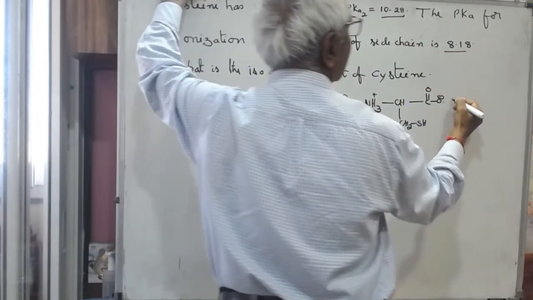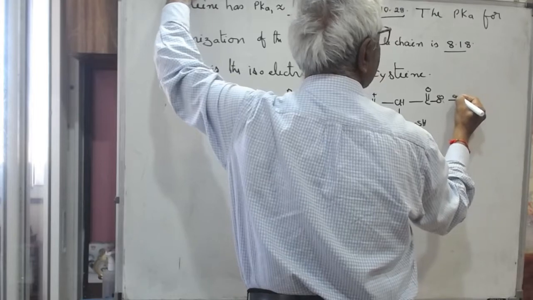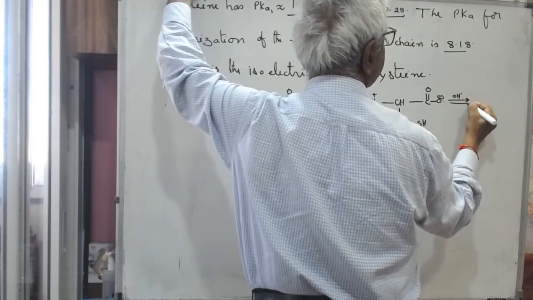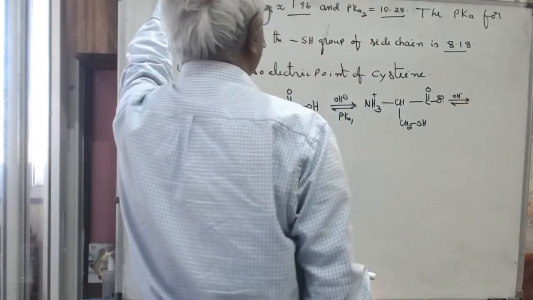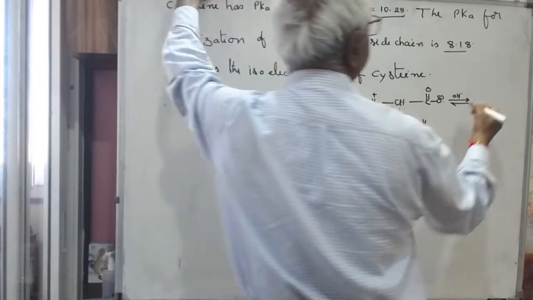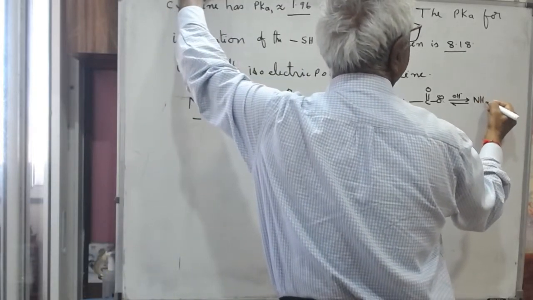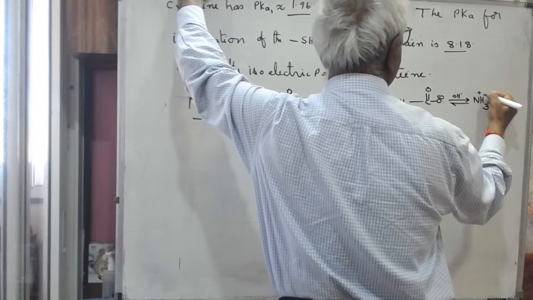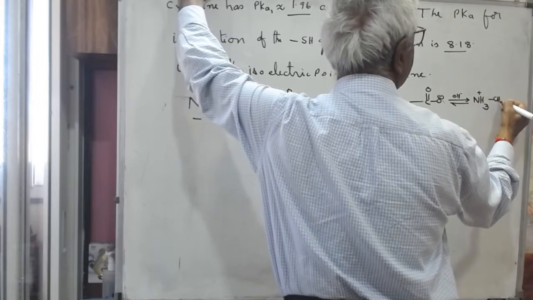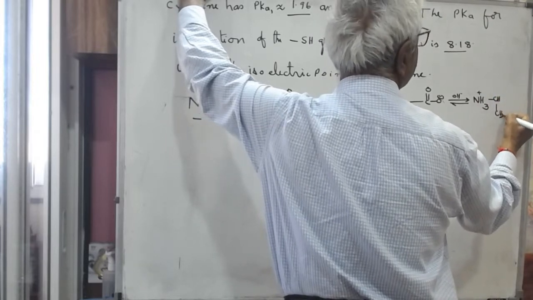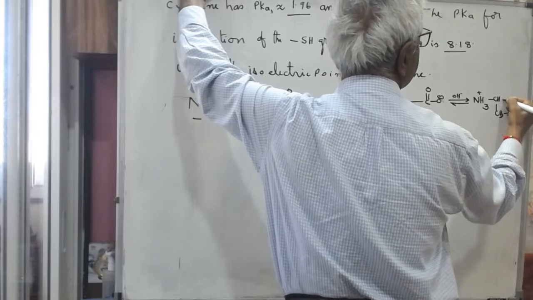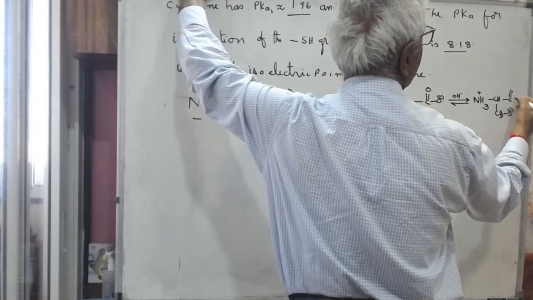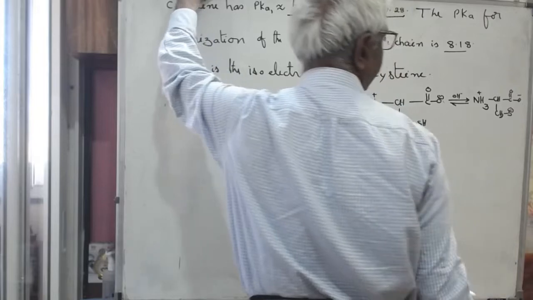So when I add OH minus, then who will ionize? NH3 plus, CH2S minus, COO minus.